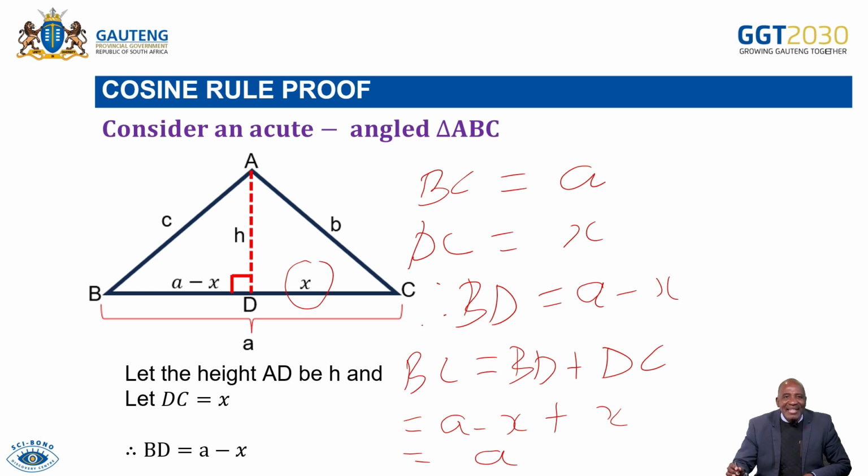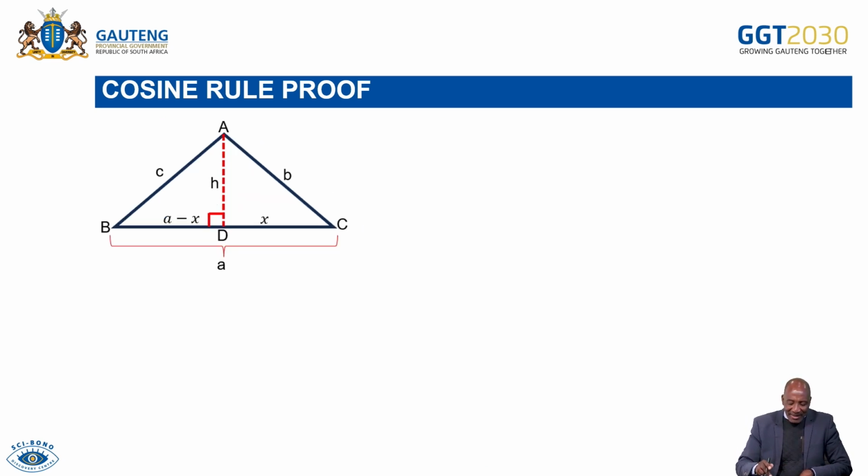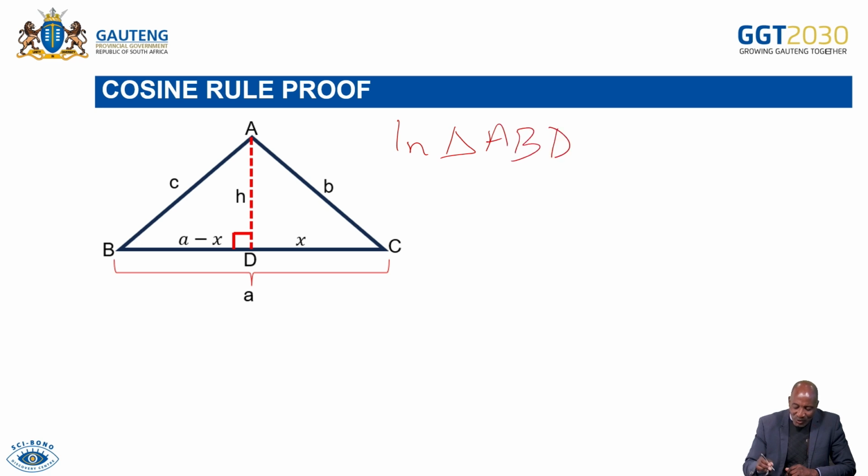By so doing, I sit with right angle triangles, two of them, right? Then from there, we are going to apply Pythagoras' theorem. Since all three sides are known, I will apply Pythagoras' theorem. So the first diagram, we are saying in triangle ABD, what do we notice?